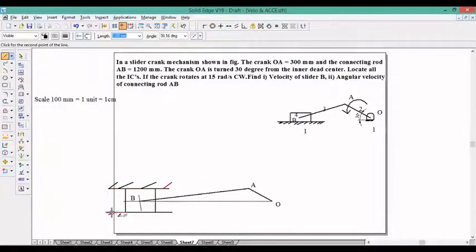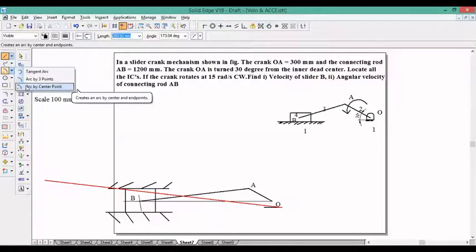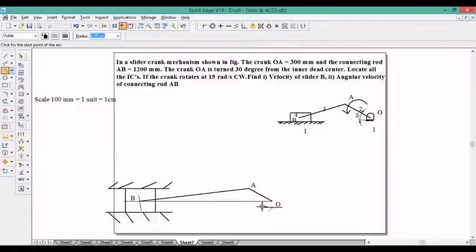So now we have a pivot point here, that is point O, the pivot point.